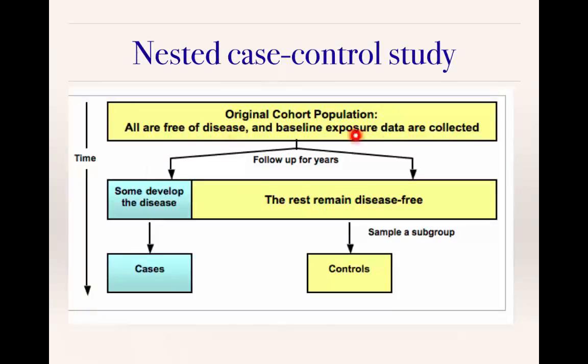They follow up after a period of time. Some develop the disease and these become cases. The rest remain disease-free and these become controls. And then they may go back and use previously collected data and or obtain additional measurements of exposure from records or specimens that are available to determine what was different about this group and that group.